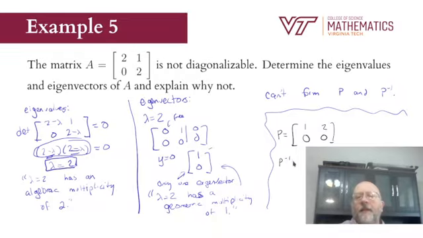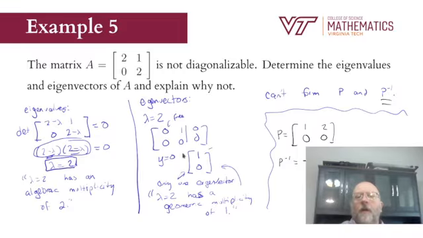If we try to find the inverse, we would take 1 over the determinant, but the determinant is 0 minus 0, and that's not allowed. We can't take the inverse. And therefore, it's still not diagonalizable because we still can't form a P inverse.